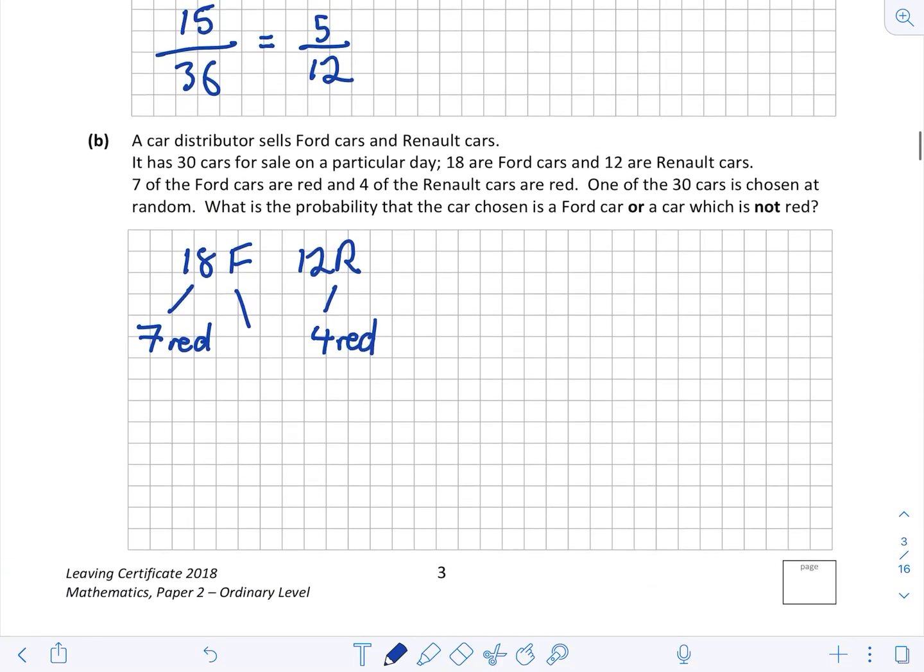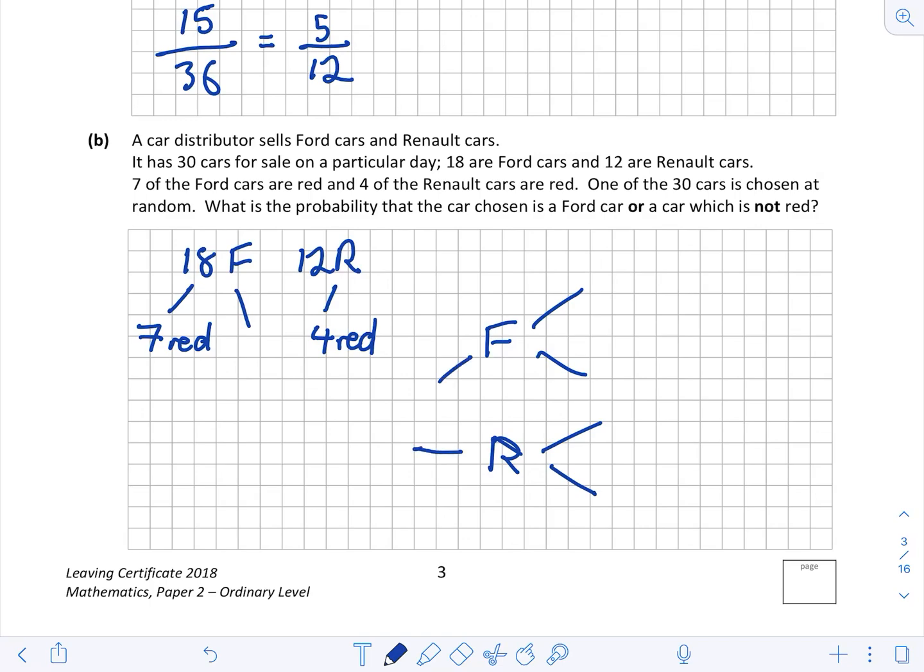Okay, so this is going to be a tree diagram type of question. So we choose a car first of all, and it can either be Ford or it can be Renault. If it's Ford, there is an 18 out of 30 chance of being Ford, and there is a 12 out of 30 chance of being Renault.